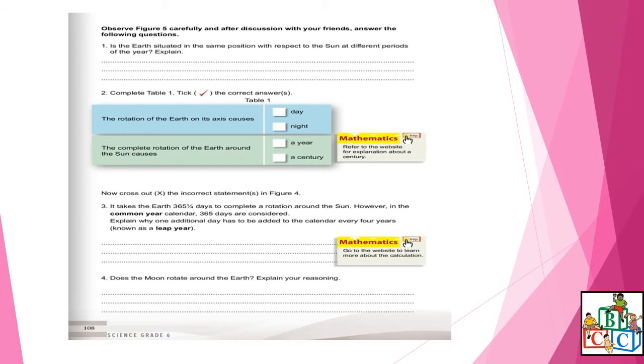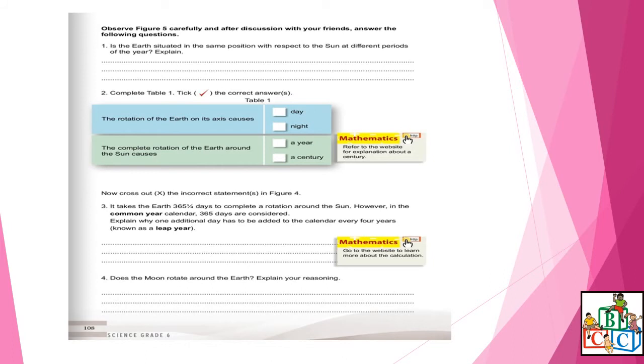Let us see number 2. You have to tick the correct answer. The rotation of the Earth on its axis goes as, you already know the answer. The complete rotation of the Earth around the Sun goes as a year or a century.